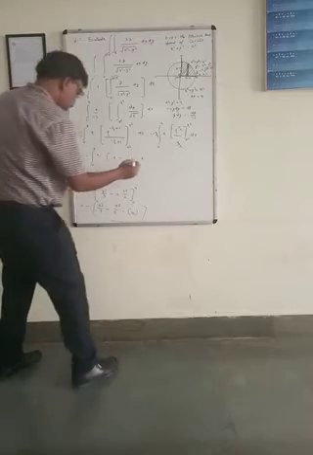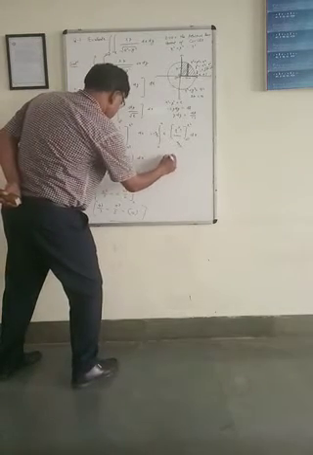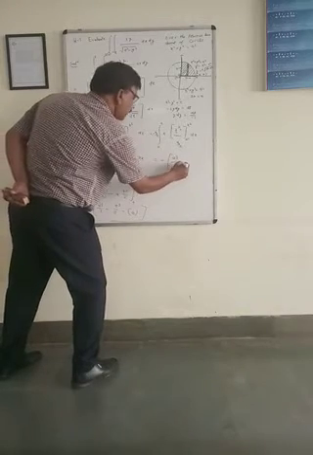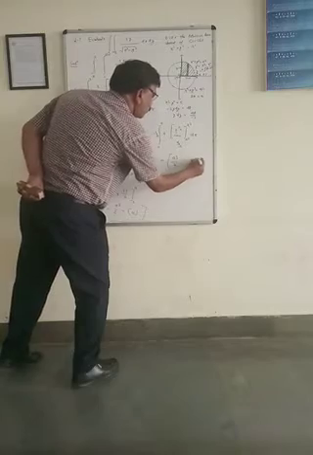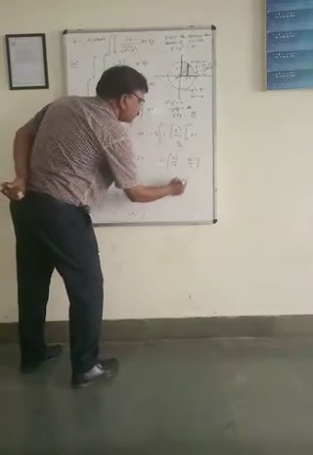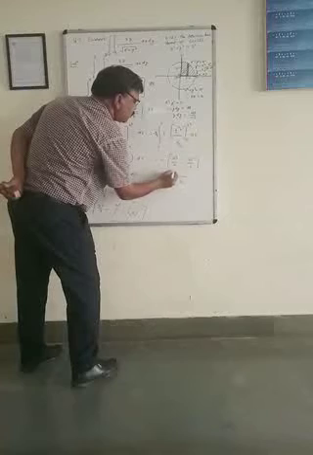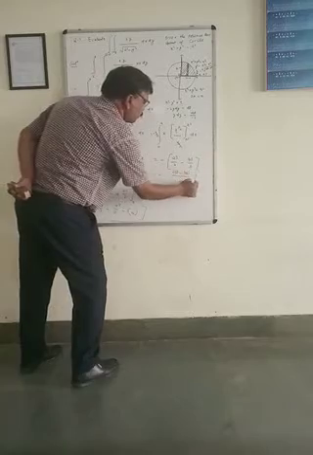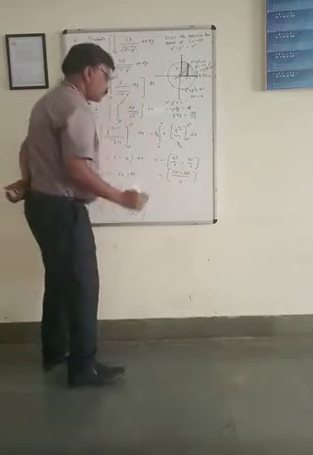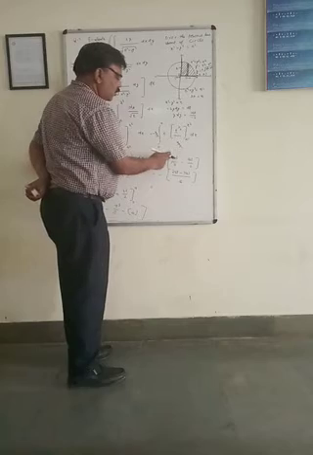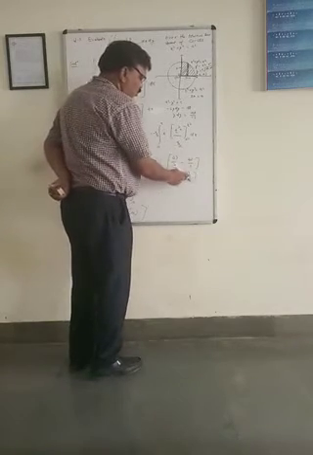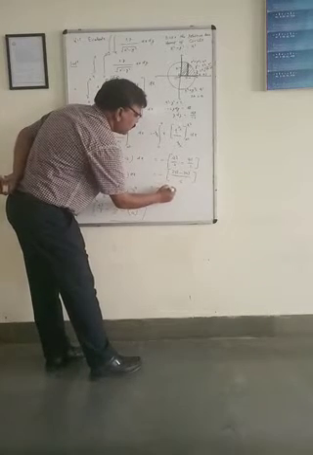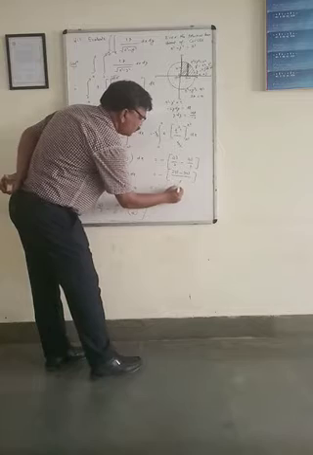So here the final answer is a cube upon 3 minus a cube upon 2, or after taking the LCM, 2a cube minus 3a cube. 3 times 2 is 6, 2 is multiplied here, 2 times 3 is 6, 3 is multiplied here, and we get minus a cube upon 6.